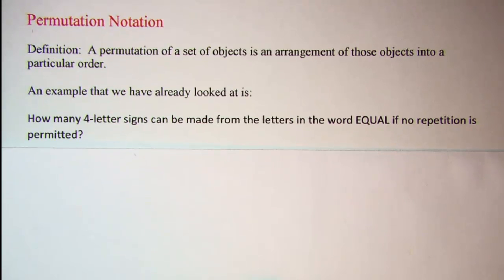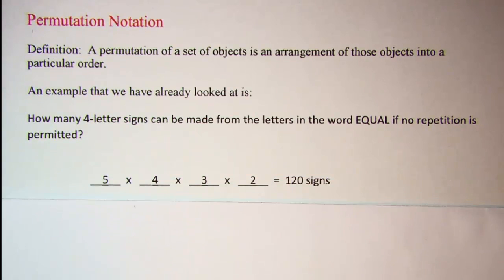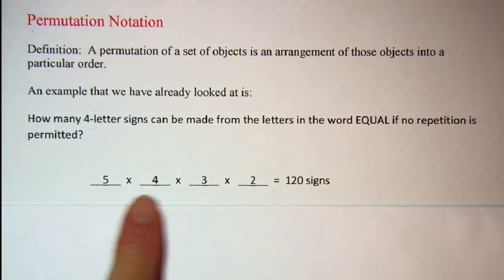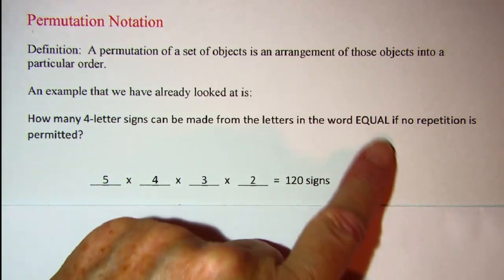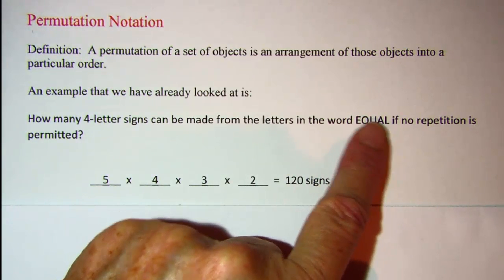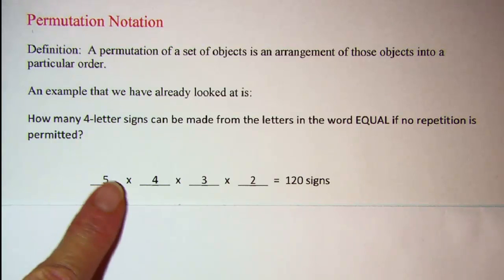The way we approach this problem is we put 4 spaces, and then we decided that since there are 5 letters in the word equal, I had 5 ways to pick a letter for the first space.